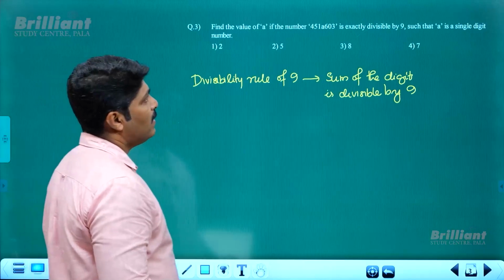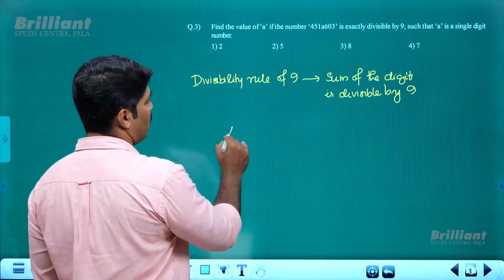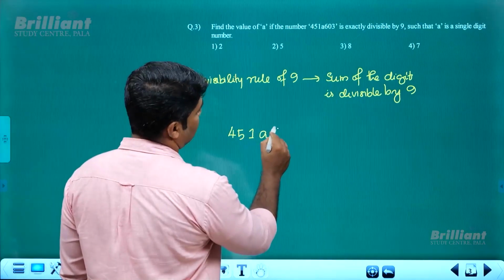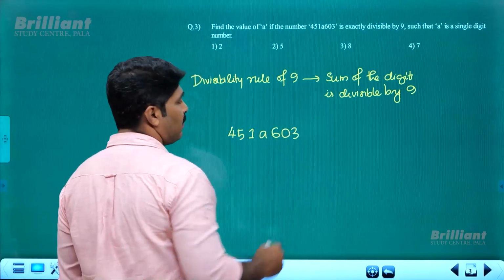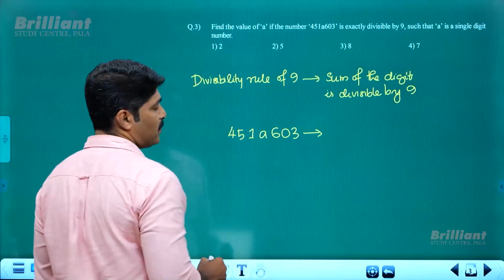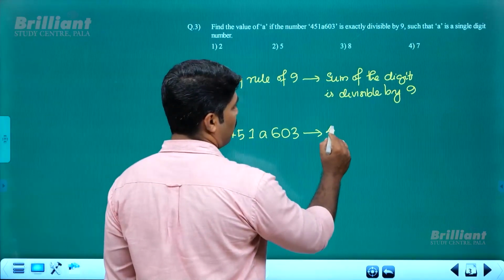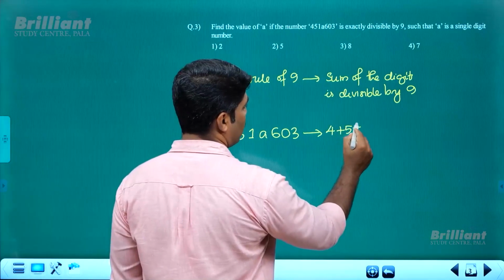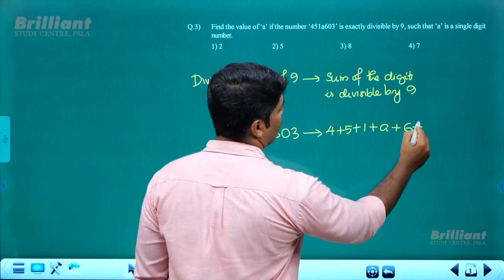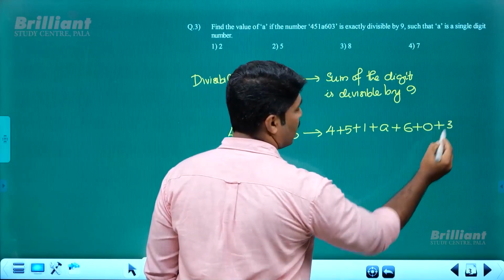So here it is given that 451A603 is a multiple of 9. So just add up the digits of this number: 4 plus 5 plus 1 plus A plus 6 plus 0 plus 3.